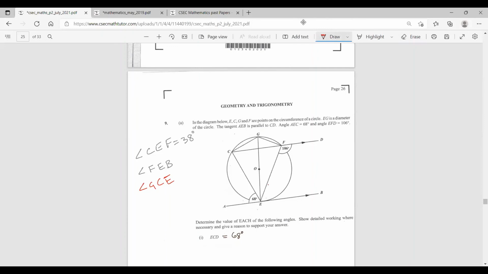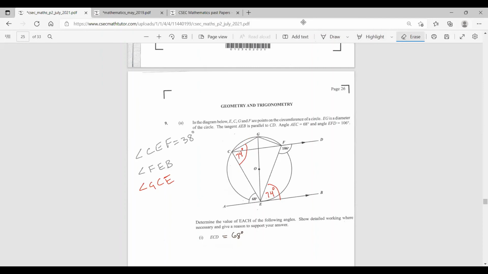The exterior angle is equal to the interior opposite. So it will just be 74 degrees. The exterior angle is equal to the interior opposite. So within your cyclic quadrilateral, this is the interior opposite of the 74, that is the exterior. So that's just 74 degrees.